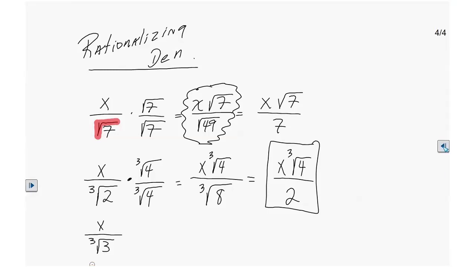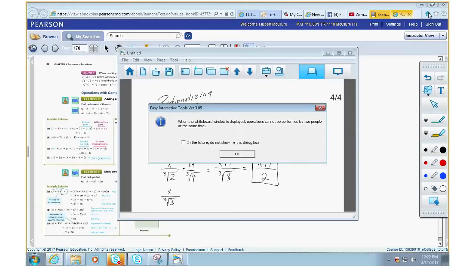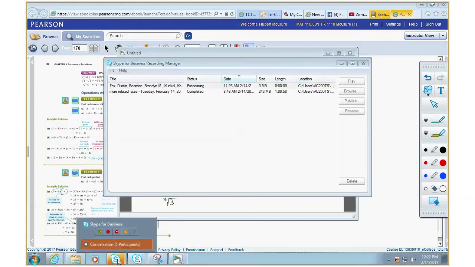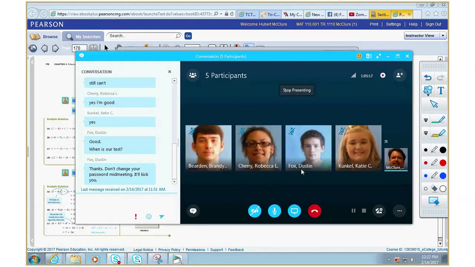Hang on a second, I think I lost somebody. The Russians hacked into my Skype and kicked Mr. Fox out. Mr. Fox, are you there? He texted me saying he wasn't there.